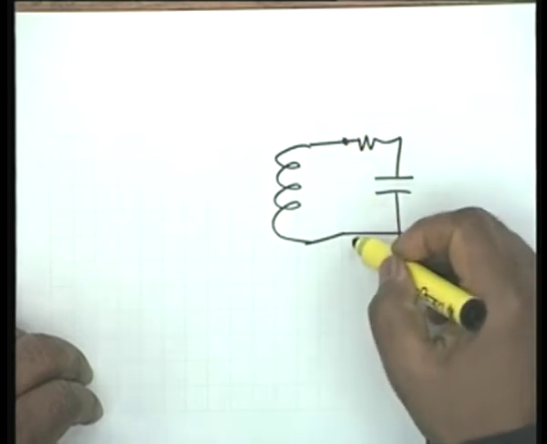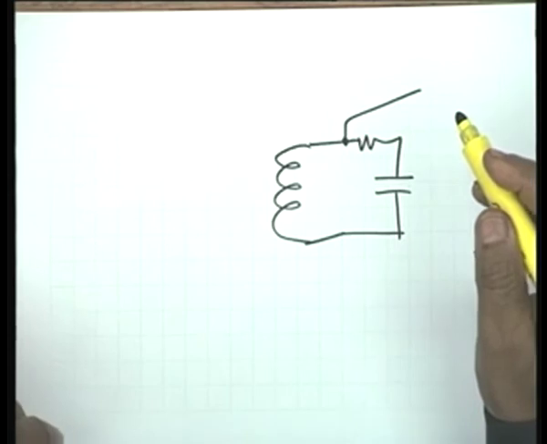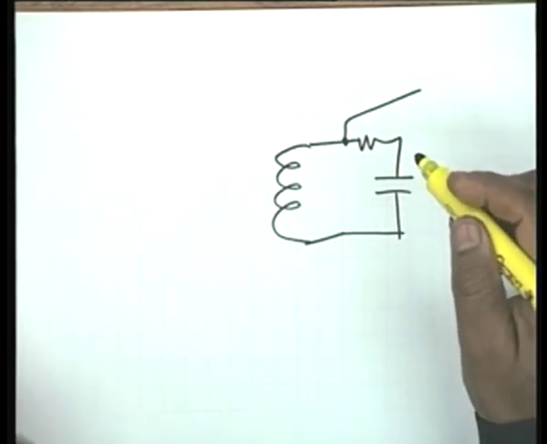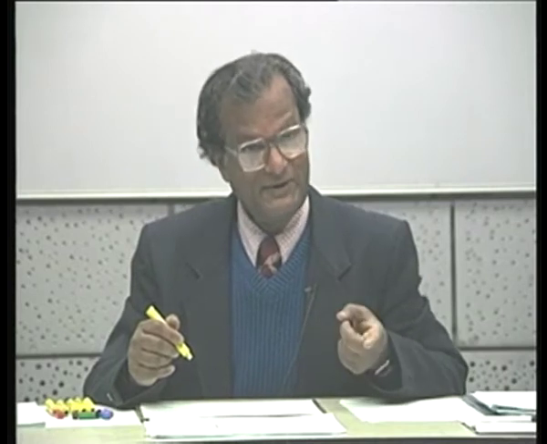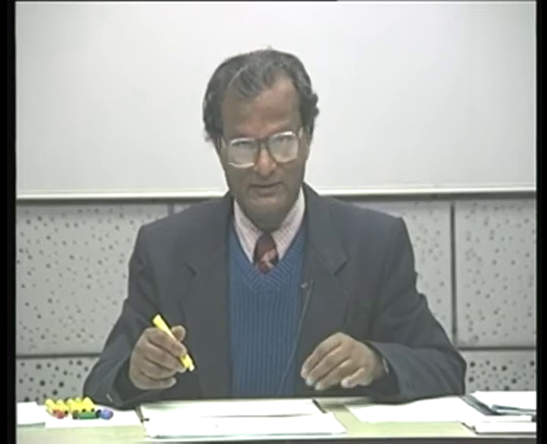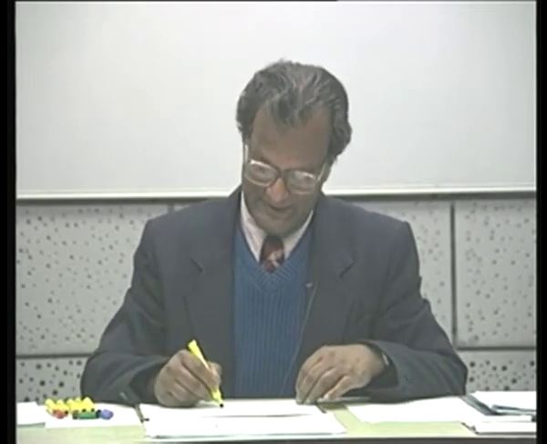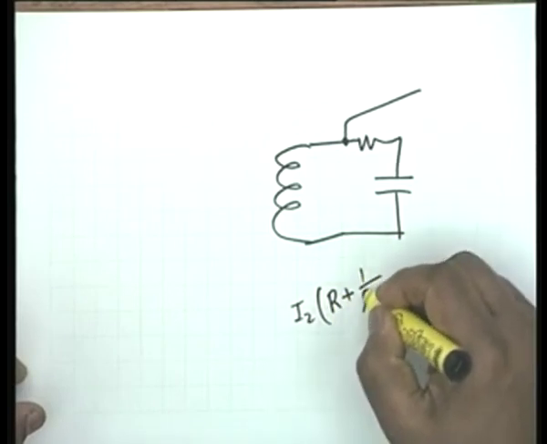Could I take the output from here? Then, should I simply multiply I2 by SL? No, because there is an effect of mutual inductance also. The simpler thing would be to take the output as I2 times (R plus 1 over S), and then you calculate.